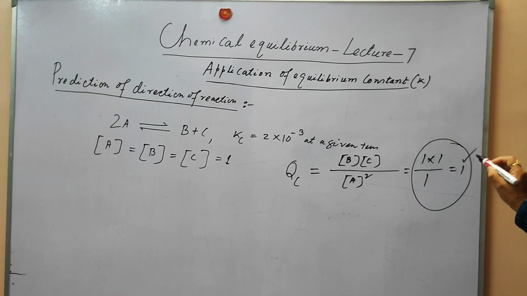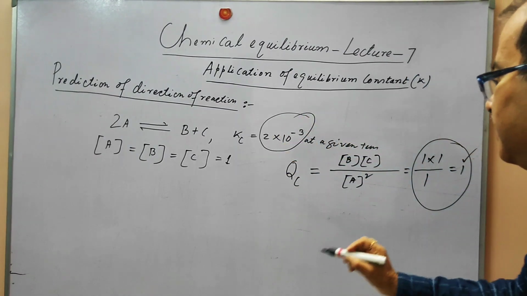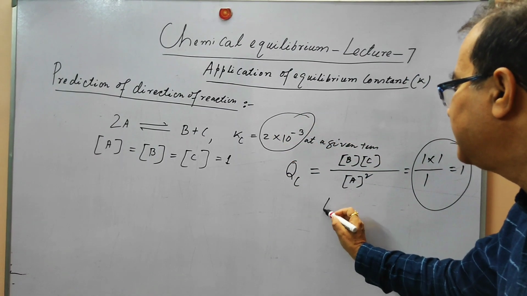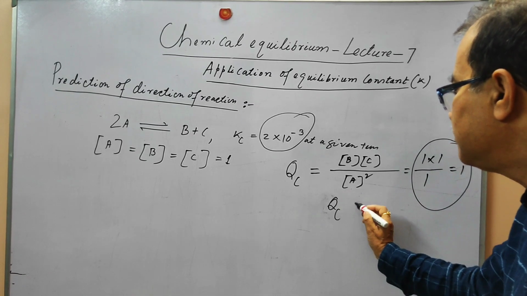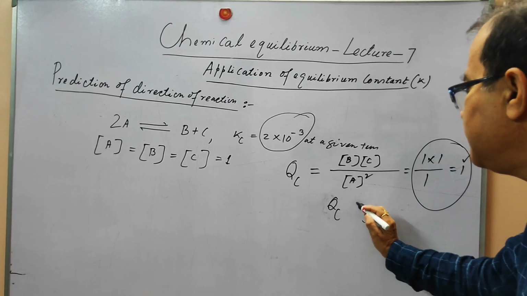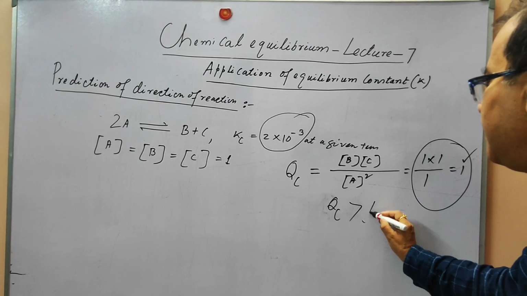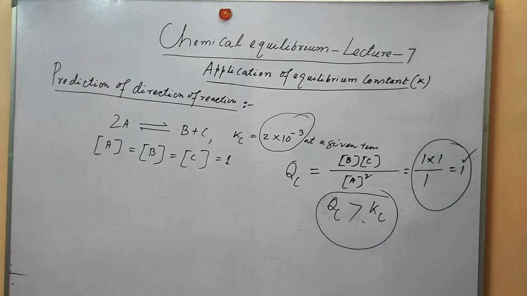The equilibrium constant is given as 2 into 10 to the minus 3. So in this case, the reaction quotient is greater than Kc.